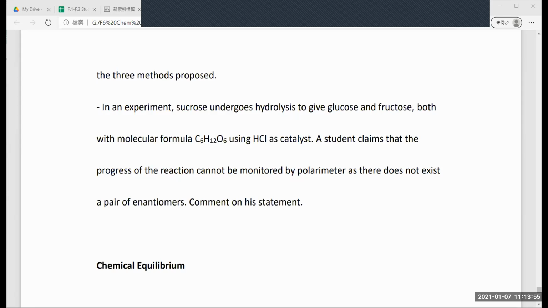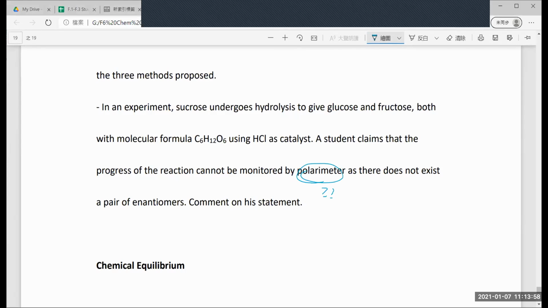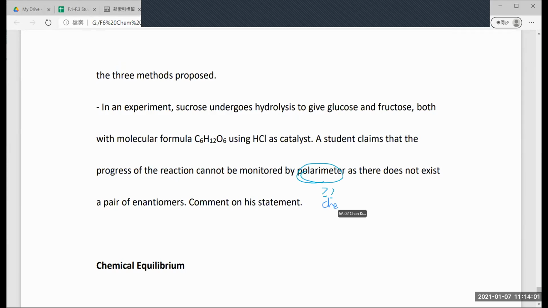Polarimeter is the instrument to check for different enantiomers, right? It is organic chemistry. They rotate the plane polarized light into different directions. So, what would be the problem about this?